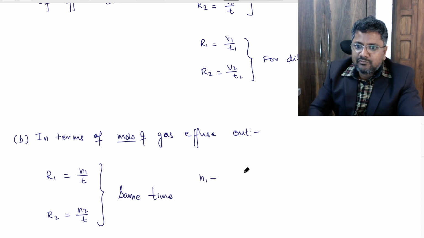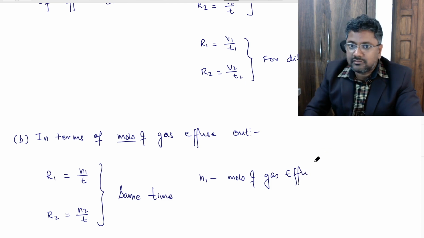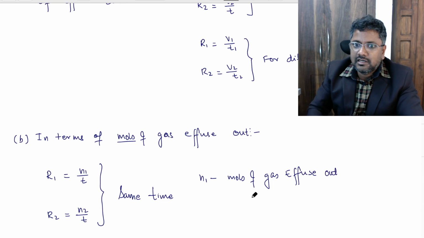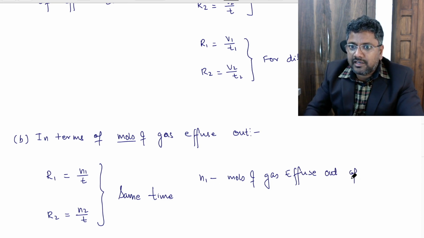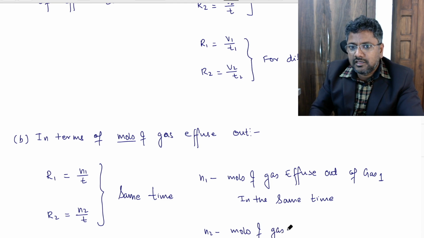N1 are the moles of gas effused out of gas 1 in the same time, N2 are the moles of gas 2 effused out, right?